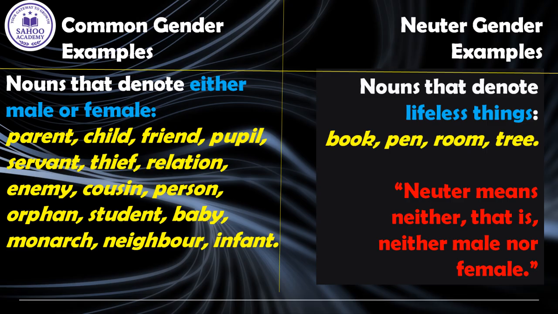They are neuter. Clear? So the key difference is this: common gender nouns are of living beings. They may be either a male or a female. But neuter gender nouns are for non-living beings. They are neither male nor female. Now let's go to the next slide.